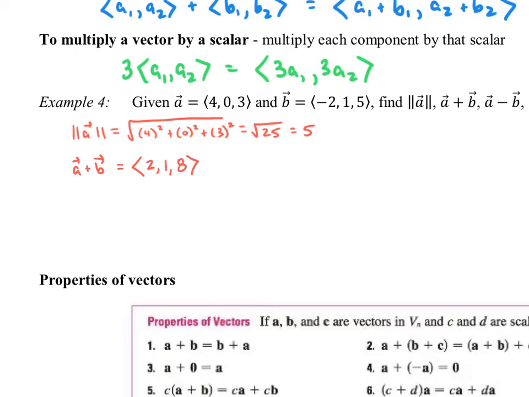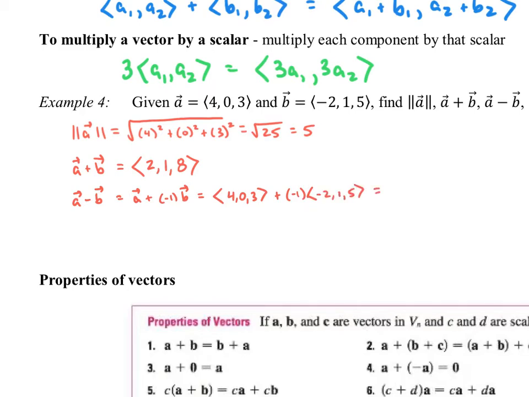Then we're going to do A, and we're going to subtract B. Now remember, technically this is A plus negative 1 multiplied by B. That's really what it is mathematically. And so what we would have then for A is 4, 0, 3. And for B, we would be multiplying it by negative 1.